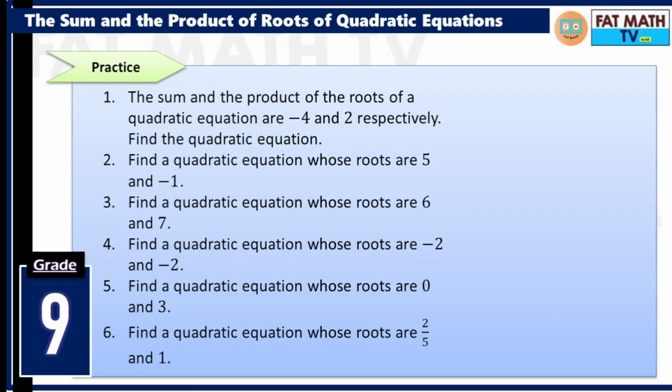Try this yourself. So you have to use the formula that we have for the equation. We have x squared minus sum of the roots x plus product of the roots equals 0. And then if your answers have fractional coefficients, then make them integers.